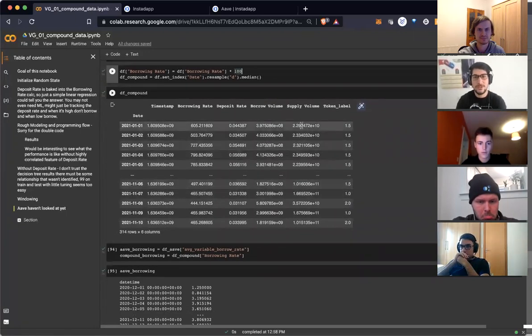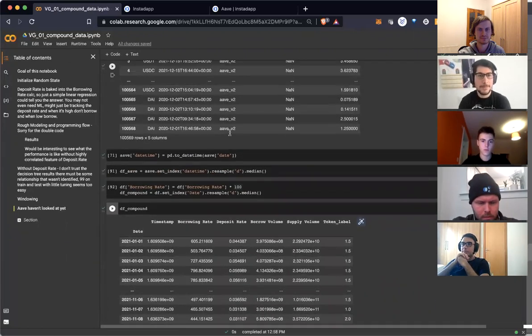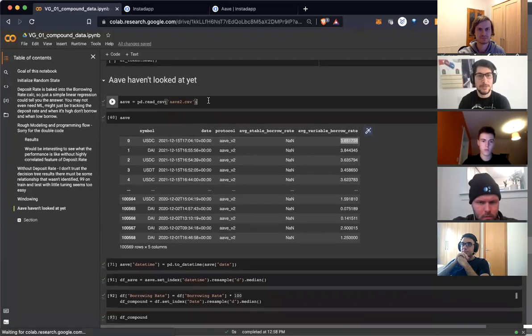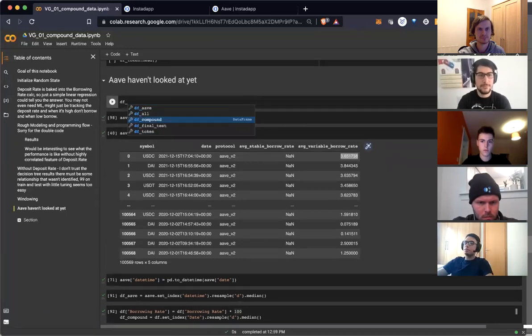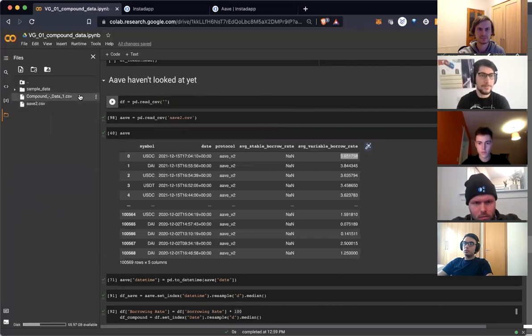What did it change to though? 1.5. This is the token labels. When you do the resample function, you probably mess it up. So I probably need to reread the data. All right.